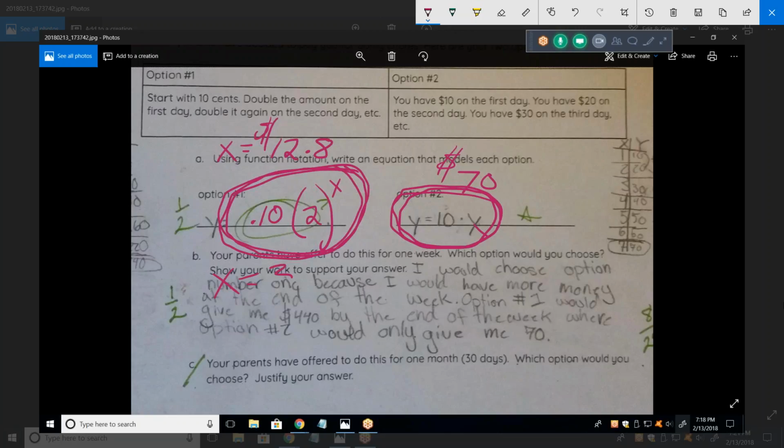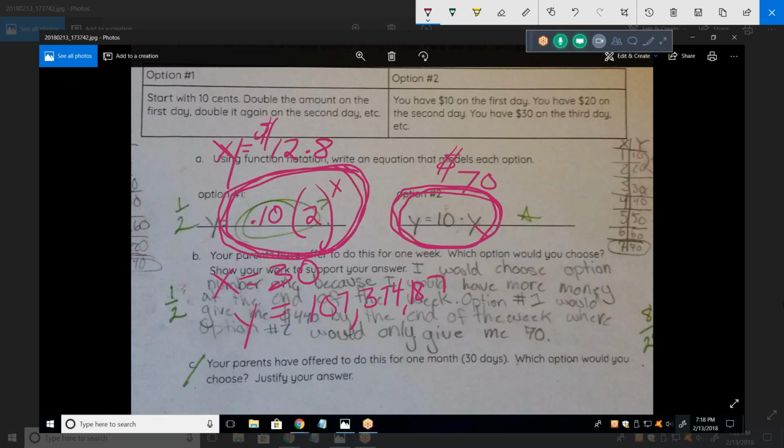What is y? Right, it was to the 30th. 2 to the 30th, and then multiply it by 0.1. $107,374,182.